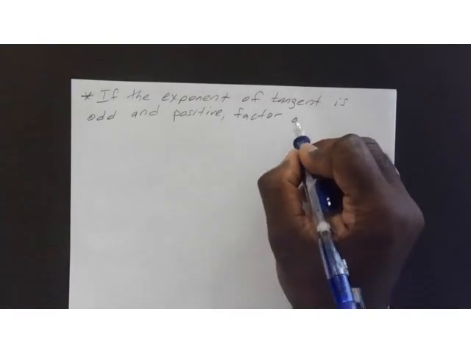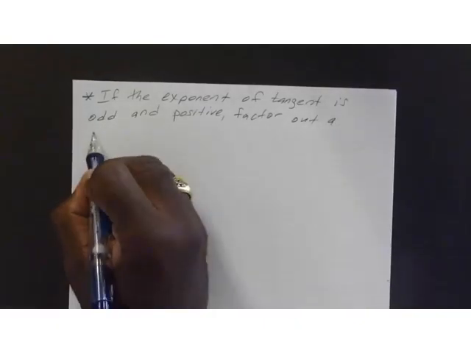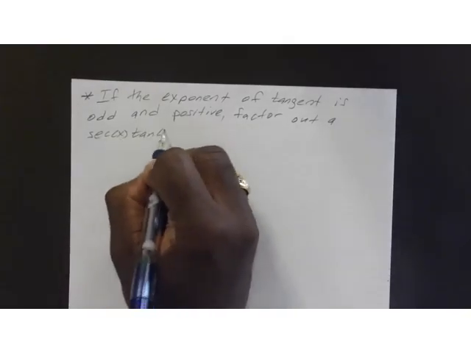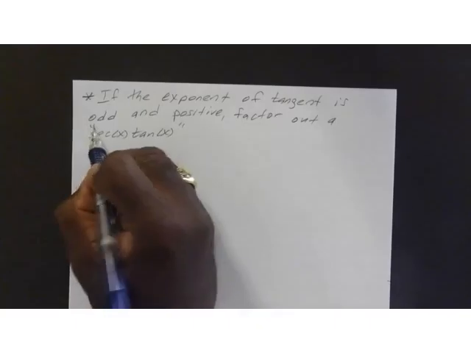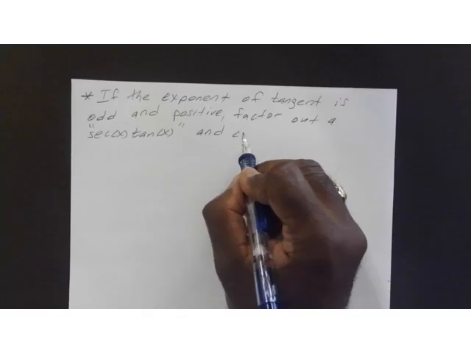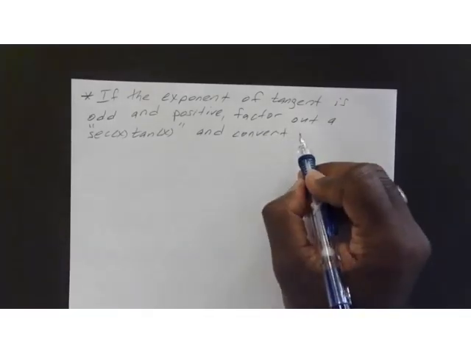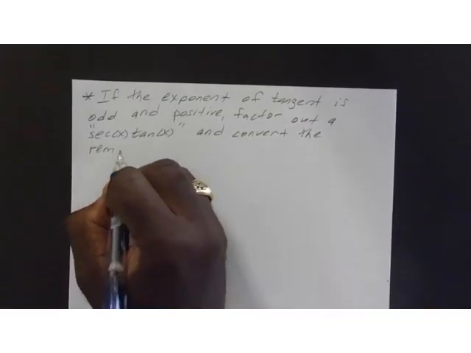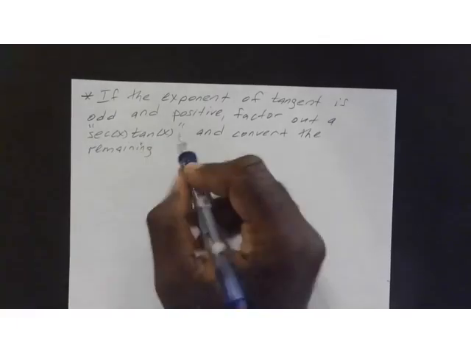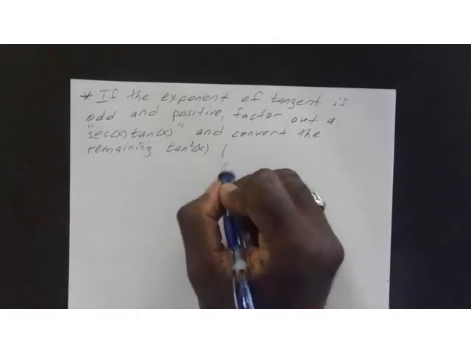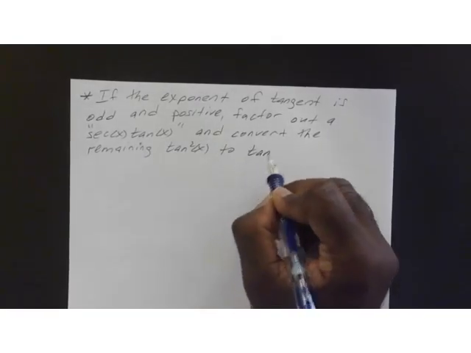It's going to factor out a secant times tangent, and convert the remaining tangent squared to tangent squared of x equals secant squared of x minus 1.